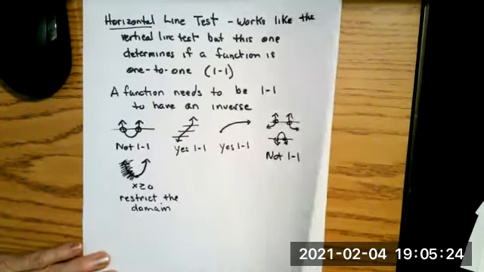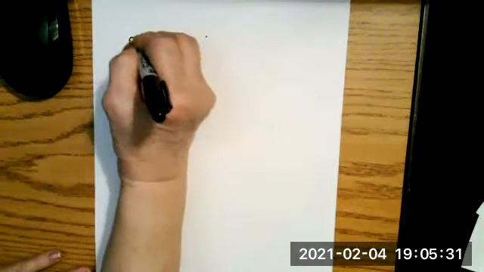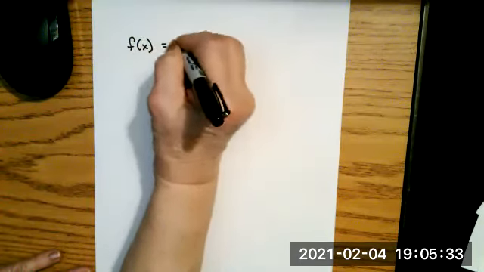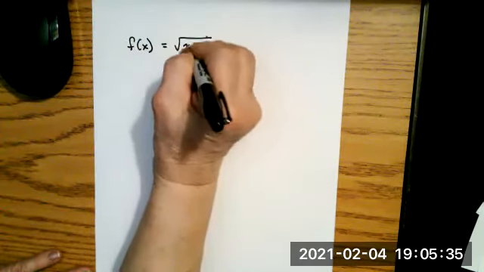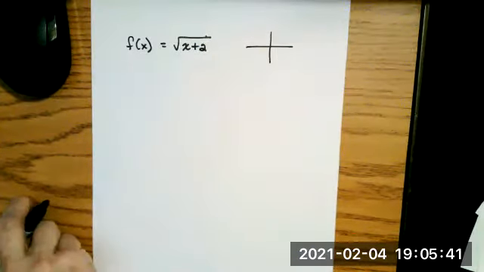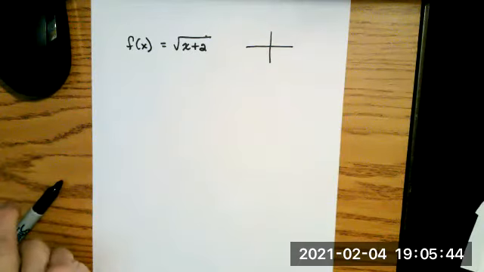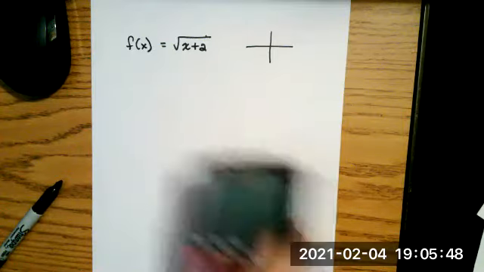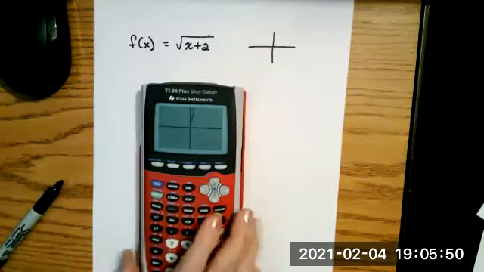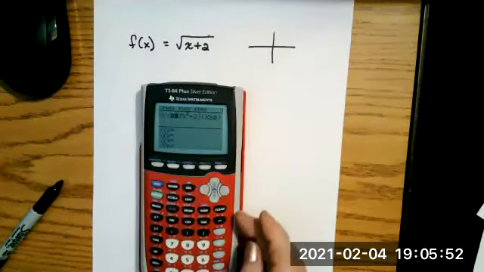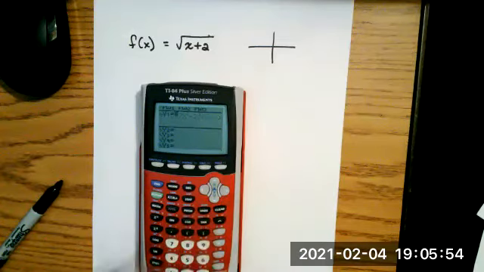Okay, let's do some square root graphs and see what they look like. Now we know, because I told you earlier, that square root graphs look like a parabola on its side, but it's only half of it. So grab your calculator and let's see if we can put in a square root graph and see what that thing looks like.